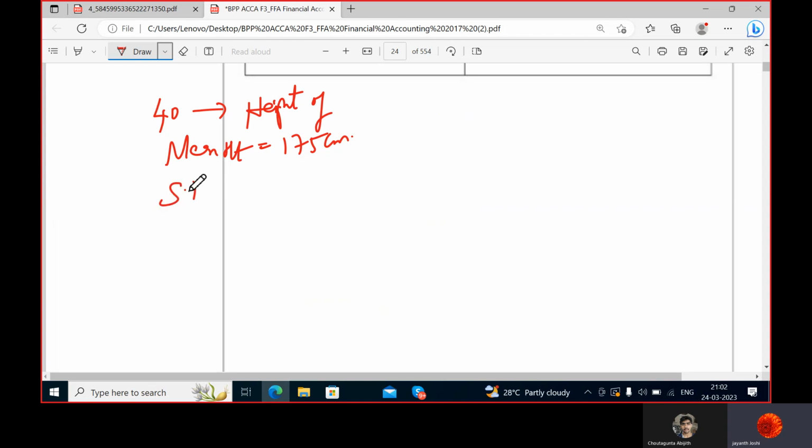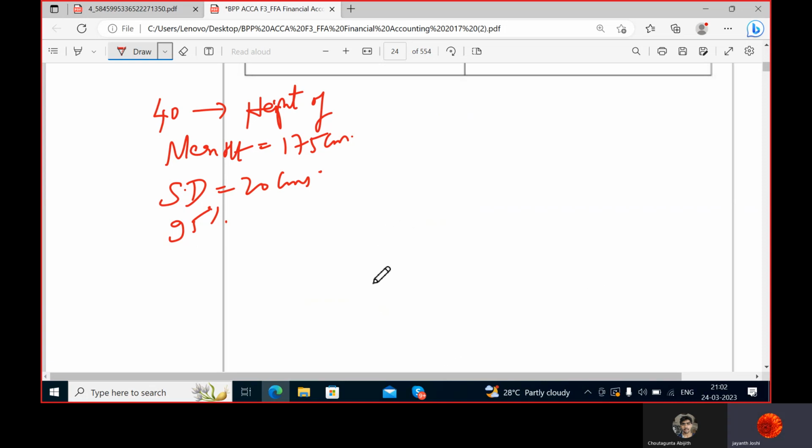And the standard deviation also is 20 centimeters, let's say. 95% we are confident. That means 95 out of 100 times. Now we are going to find out the confidence interval, Abhijit. That means 95 out of the 100 times we are confident that our mean will lie in that range.